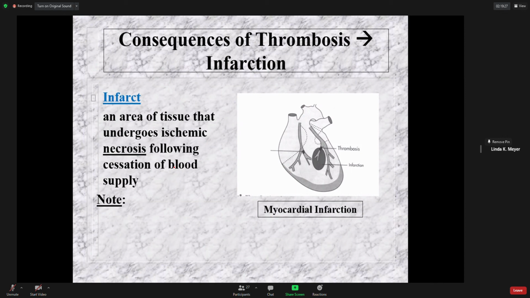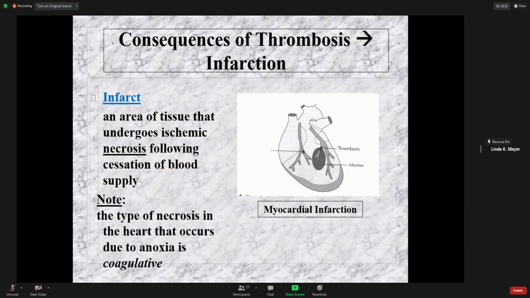And remember, in most tissues, including the heart, when there's no oxygen getting to the tissue, the type of necrosis that occurs here is coagulative. But this area of coagulative necrosis is specifically called an infarct, right here. Here's your infarct. And the process by which it forms is called infarction.